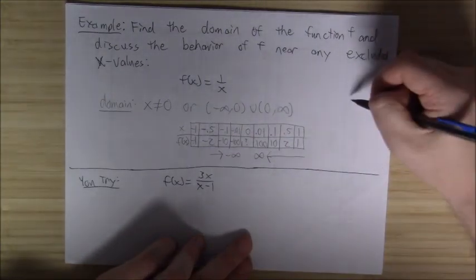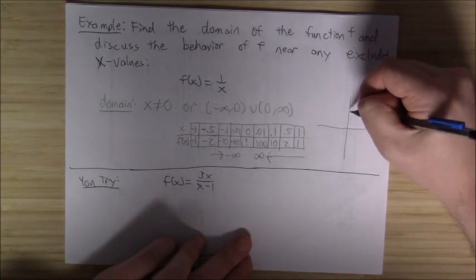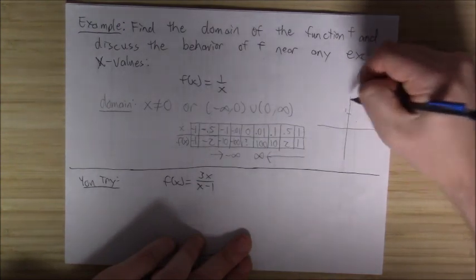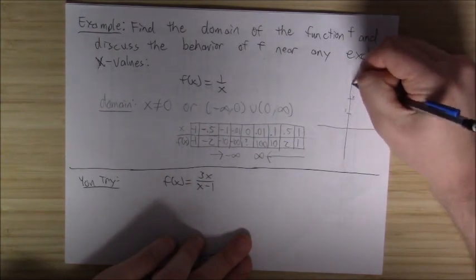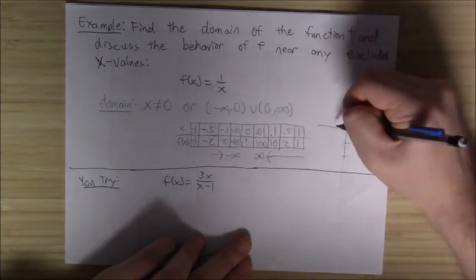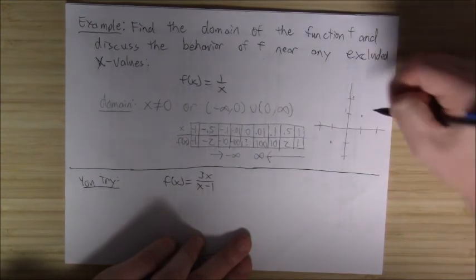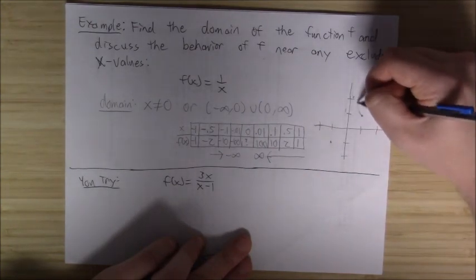This isn't too hard to see, though, if you think about the graph, which is one of those graphs you should have memorized. If this is 1, and this is 2, we know the graph looks like this, and these values help you see that.